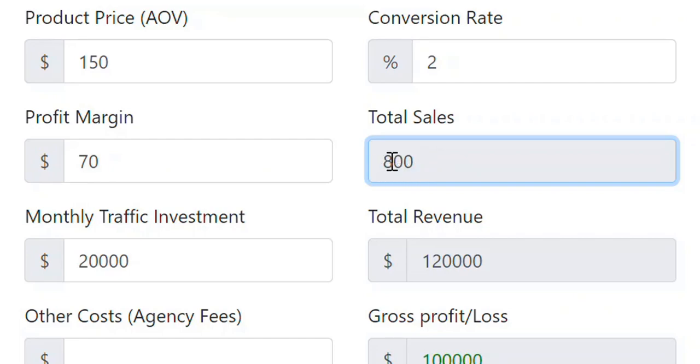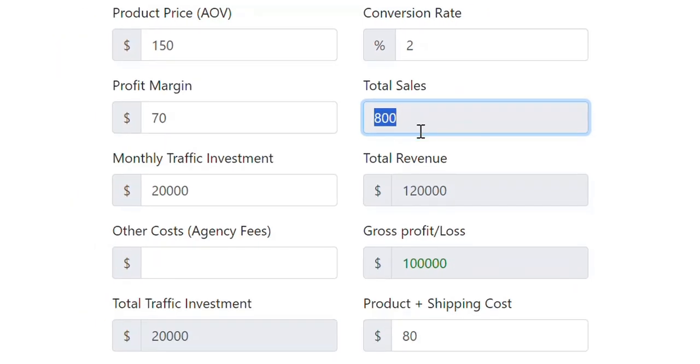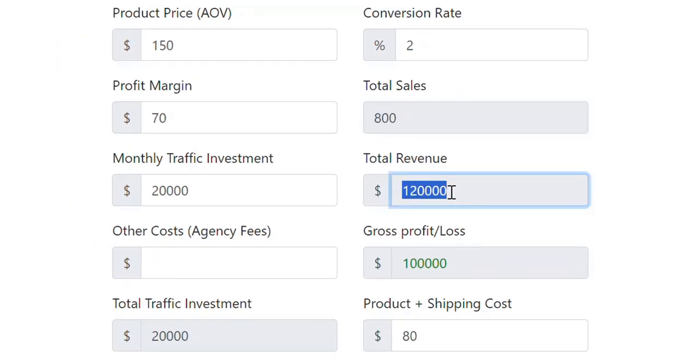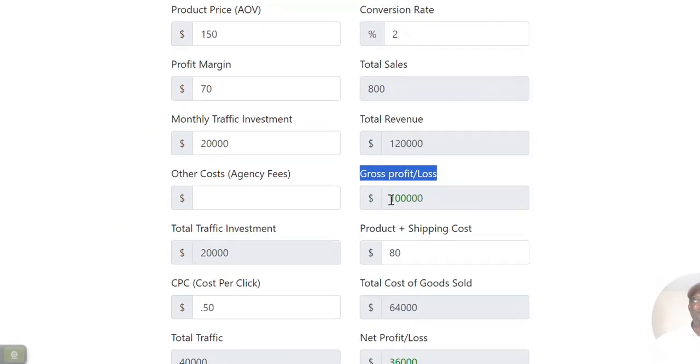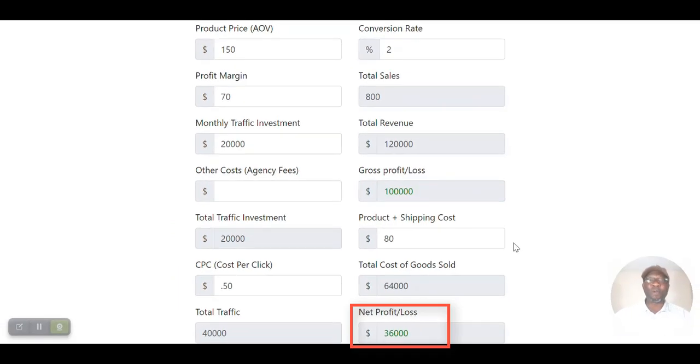And instead of $40,000 in revenue, now they have $120,000 in revenue. Gross profit was $40,000 before. Now they have $100,000 in gross profit, and net profit here is $36,000, and all of this without increasing their ad spend.